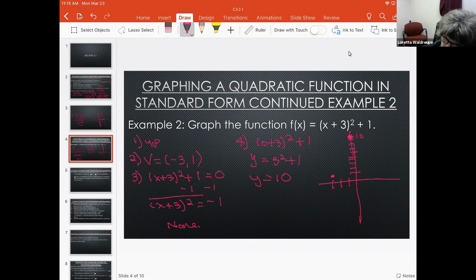But remember, a parabola is a mirror image. So if I go over 3 to the right and I have this point, I can go 3 to the left and make a mirror point. And there's your graph. Questions?